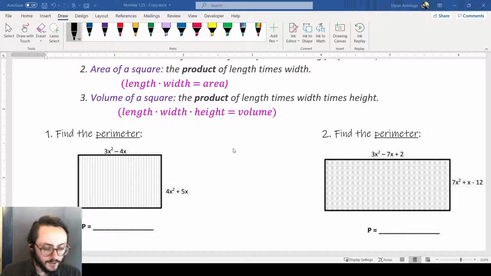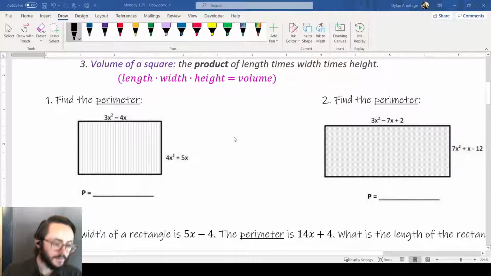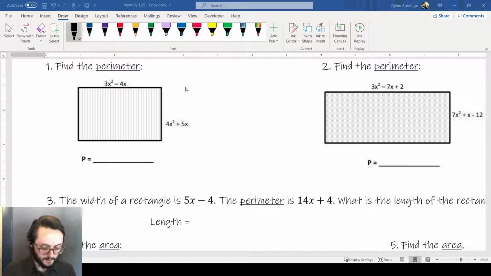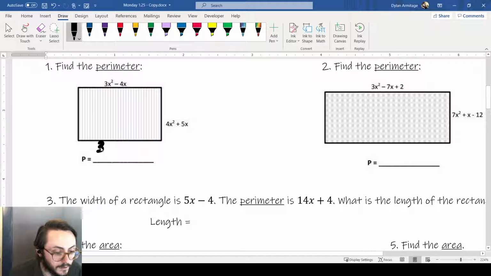So let's try one first off. Okay, find the perimeter of this figure. All right, well, first off, since we know that the sides opposite are the same length, right, here and here, then we know that this side is 3.